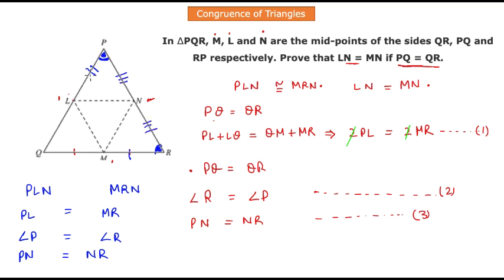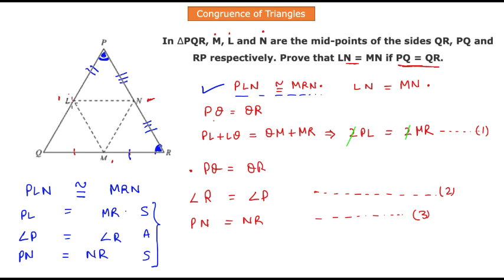Now you have two triangles, PLN and MRN. You have a side, you have an angle, and you have a side equal to each other. So based on the SAS criteria, we can say very easily that these two triangles will be congruent to each other. So this proves our objective number 1. Now since these two triangles are congruent, their respective sides will also be equal to each other.